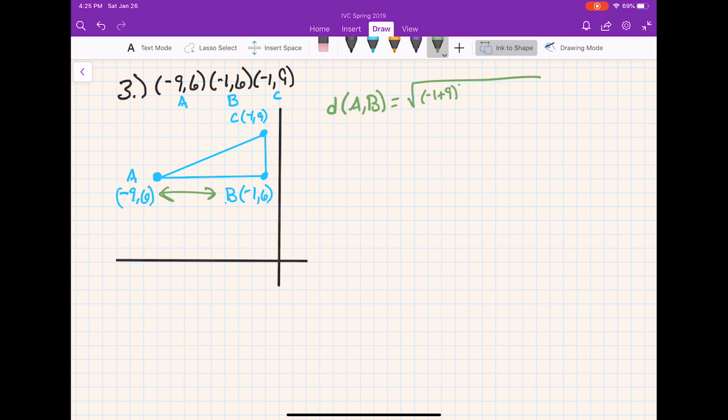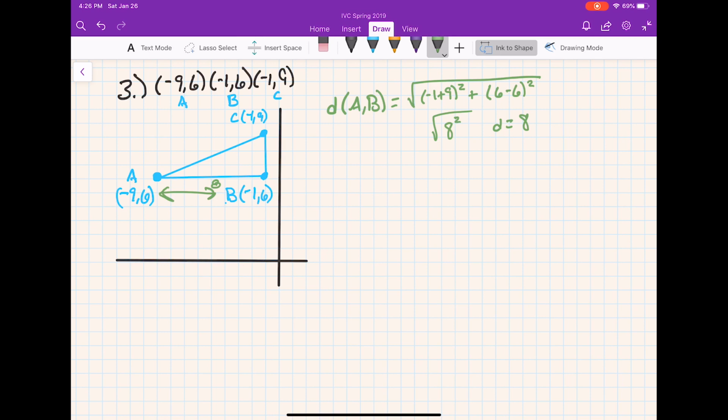Now remember, since we subtracted a negative, we changed that to a plus, and that quantity squared, plus 6 minus 6, and that quantity squared. We start reducing all this down. 6 minus 6 is 0, so this is going to be 8 squared under the radical. Really that radical and the square just cancel, and so our distance is going to be 8.